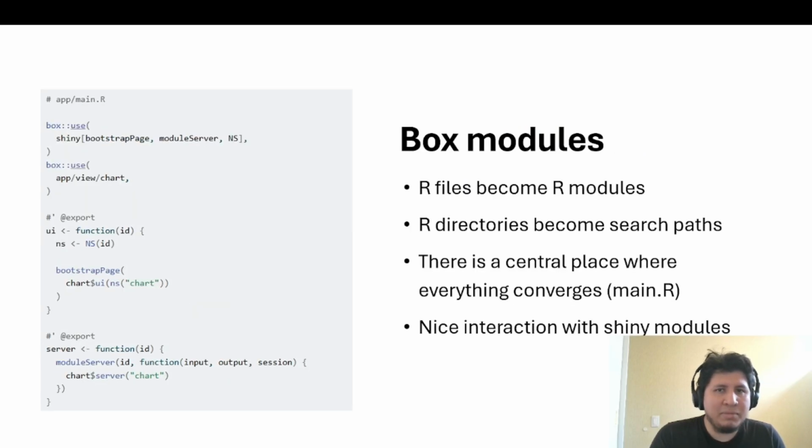For Rhino in particular, you use an approach called box modules. This is an alternative approach to just plain library calls or use of R packages. Basically, what this allows you is to define an R file and later use it as if it was a package in itself.